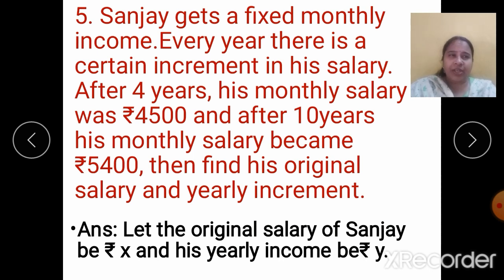At the end of 1 year, his increment will be say 1,000 rupees. Okay, so at the end of first year, how much amount will he get? The 10,000 amount which is fixed plus 1,000 which I have told you as yearly increment. So it will be 10 plus 1, that is 11,000.